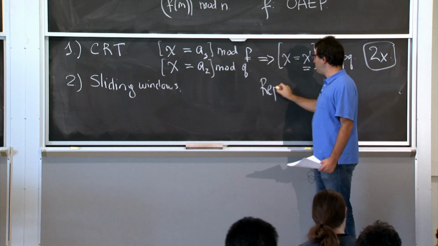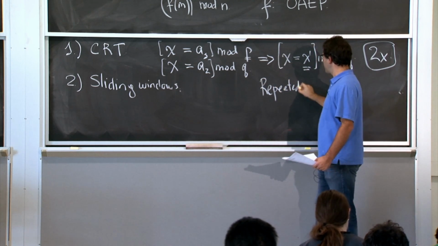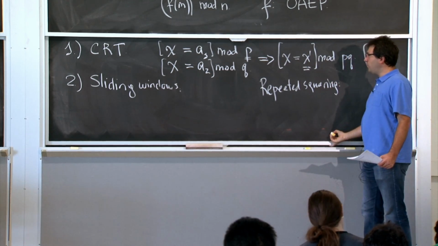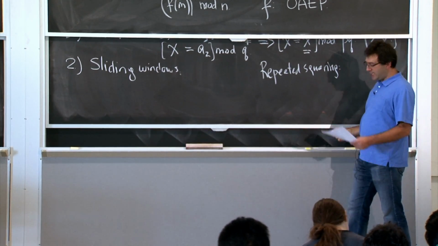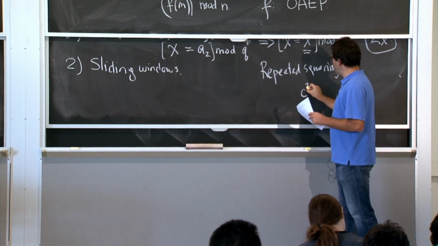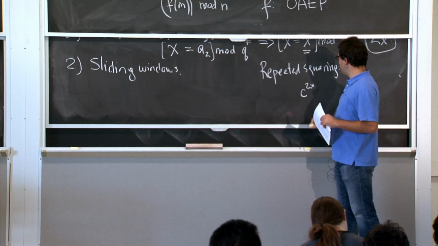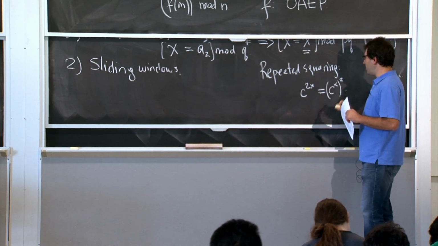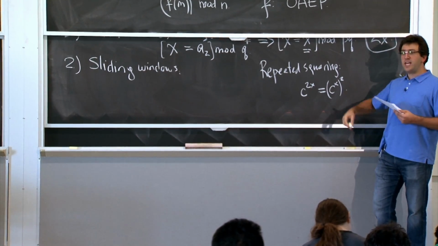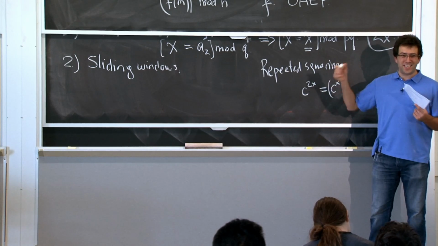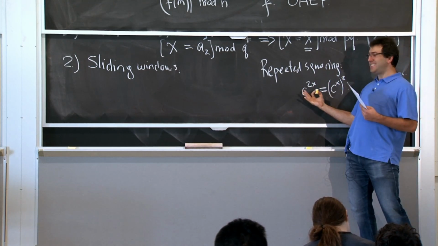This technique called repeated squaring looks like this. If you want to compute C to the power 2x, then you can compute C to the x and then square it. In our naive plan, computing C to the 2x would have involved twice as many iterations of multiplying, because it's multiplying C twice as many times.